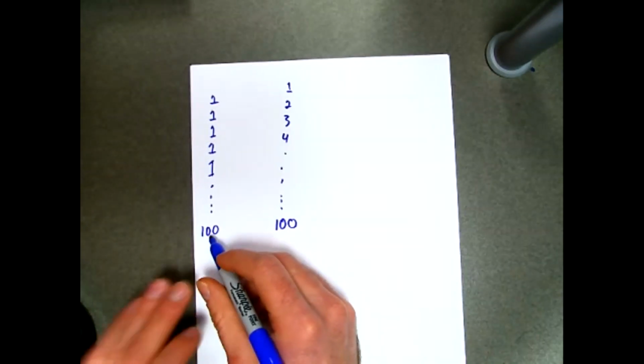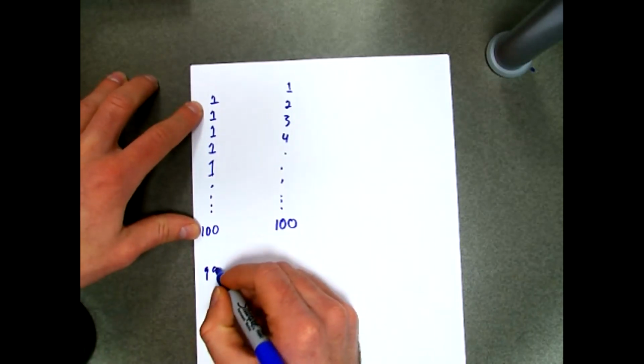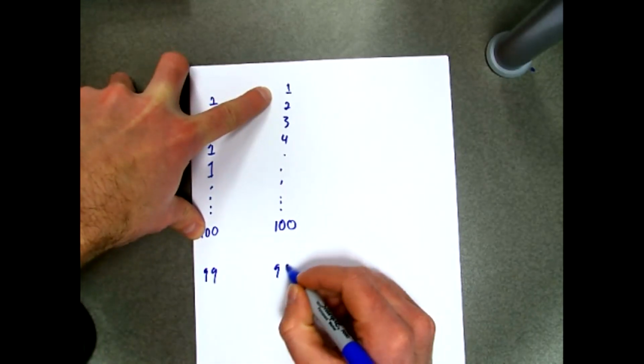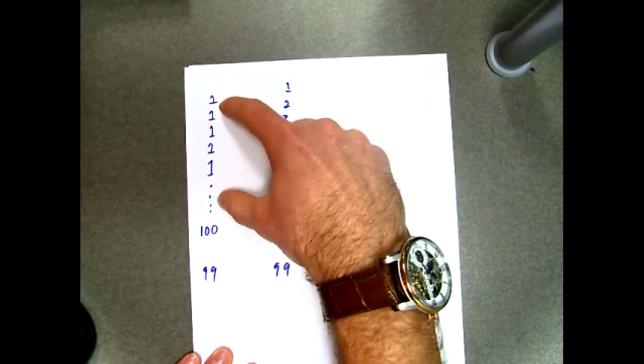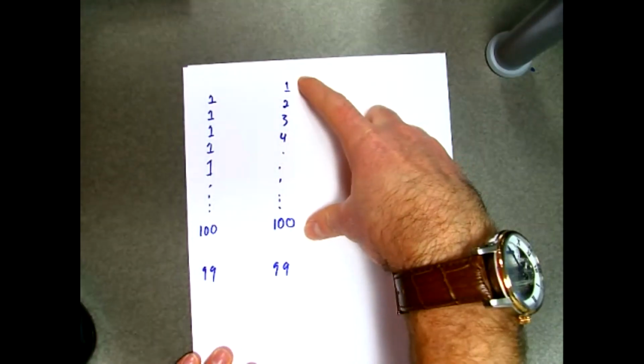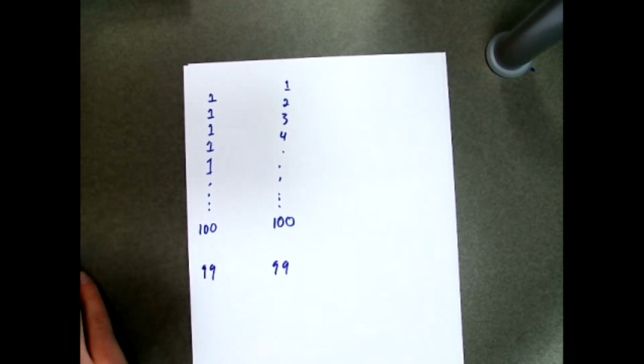Well, the range of this data set is 99, and the range of this data set is also 99. But there's a lot more variation in this data than there is here. These are all 1s and 100, or 1, 2, 3, 4, 5, 6, all the way up to 100, right? There's a lot more variation so we need another statistic that can capture that, because the range isn't doing that, right? So how do we do that? What statistic will we use?